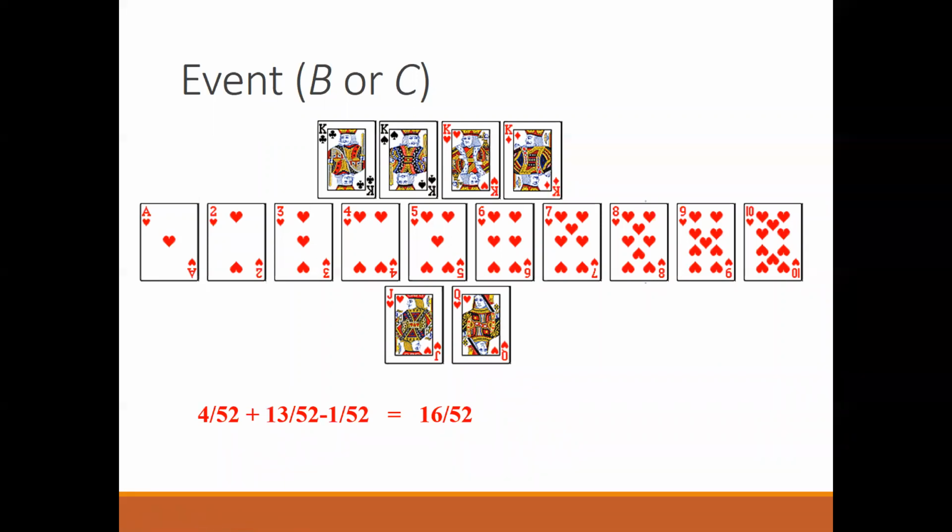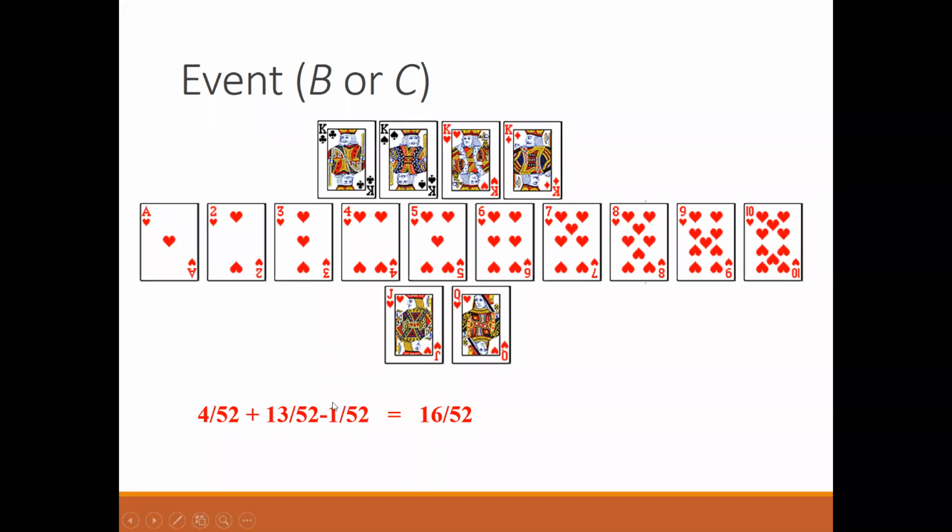Any doubts in this case? When I'm using AND, we have to perform multiplication. And when we are using OR, we have to perform addition, plus, don't forget, if there is something common.